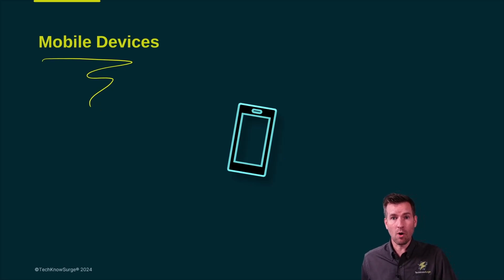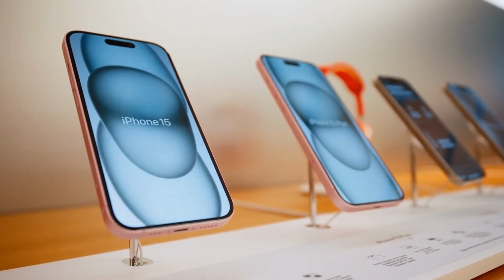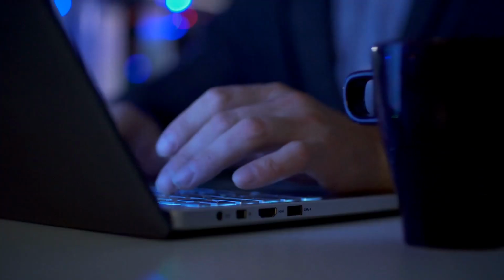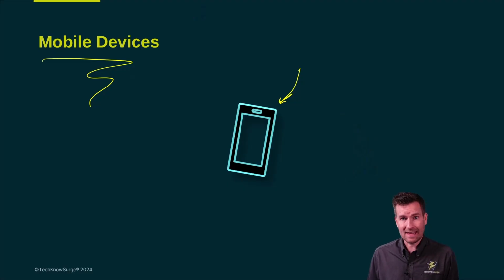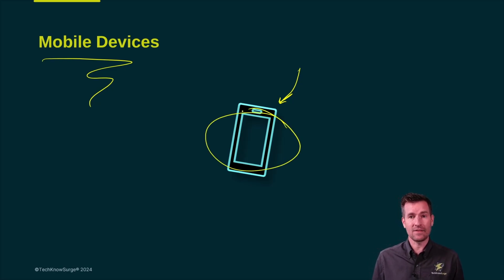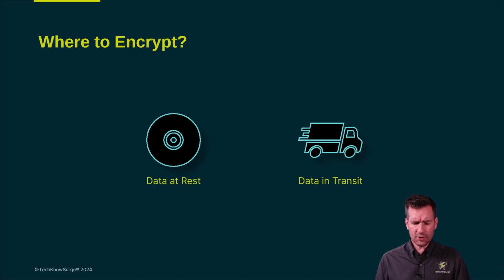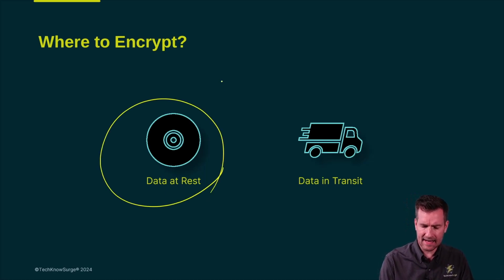More and more mobile devices, things like phones or tablets or laptops, come by default with encryption turned on, so that you're protecting the data that exists on these devices. So we're better addressing data at rest, data that's actually in storage, and encrypting that data.